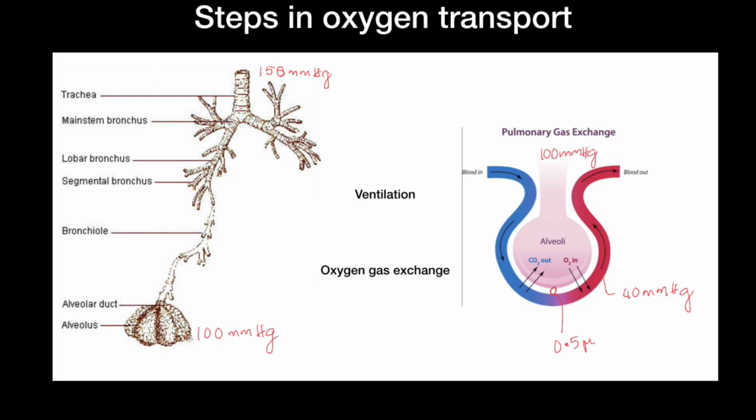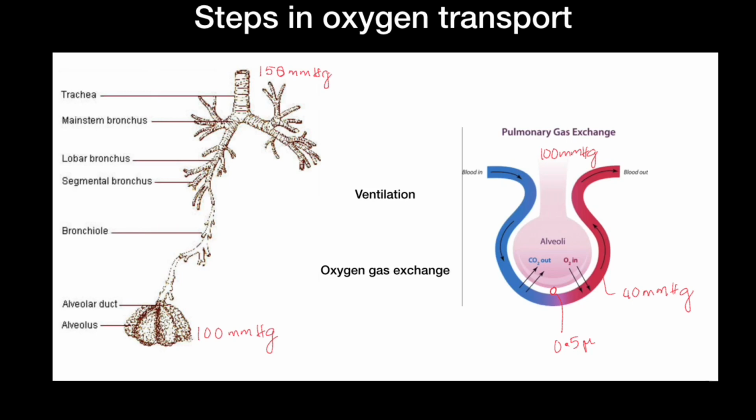That is, the airways up to the bronchus take part in conduction of gases, but they don't take part in gas exchange. So this part of the airway constitutes anatomical dead space, but they are not involved in the gas exchange because the gas exchange happens only in the alveoli.